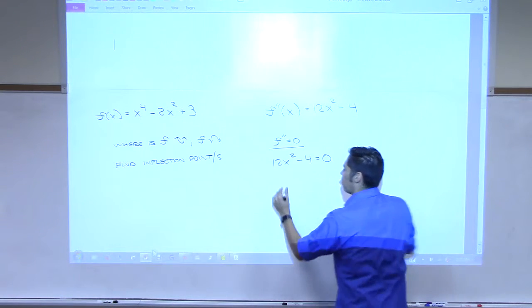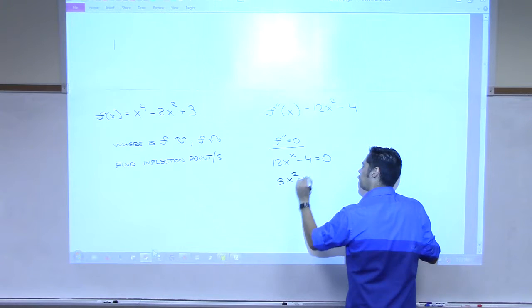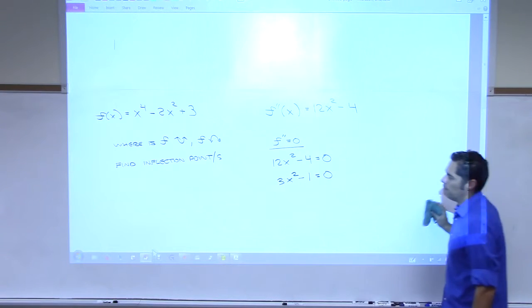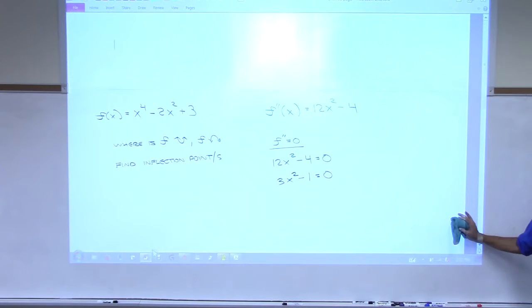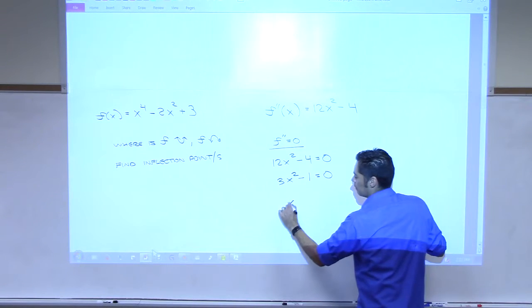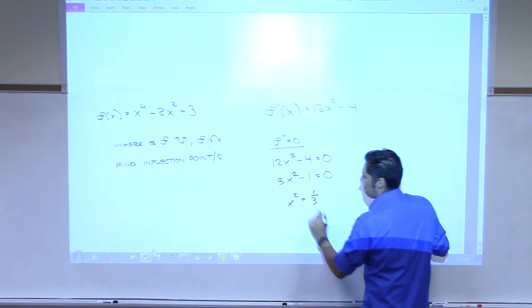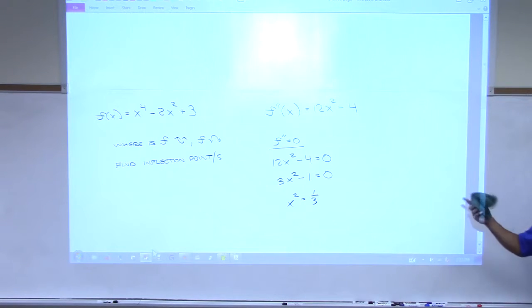I'll divide everything by 4. I'll move 1 over to the right. I'll divide by 3. I'll square root it and do plus or minus.